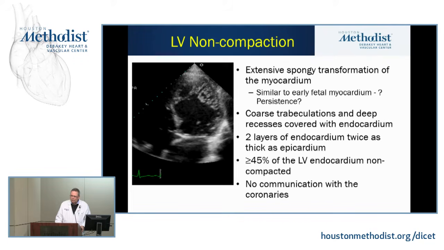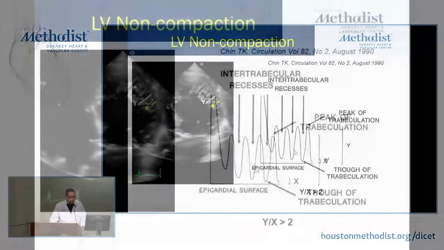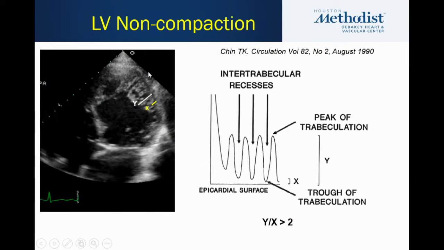You see one, you recognize it. All of this stuff is to write the papers. But in essence, that's what you have. You have these big intertrabecular recesses, okay? And they have put criteria in terms of this length versus the thickness here. But as you see one, you recognize them. A lot of this is just because people write papers, they have to have a definition so that they can go on.